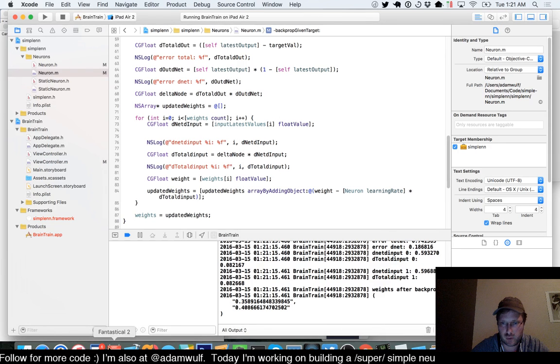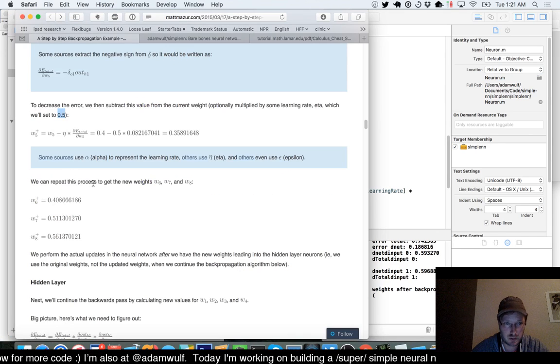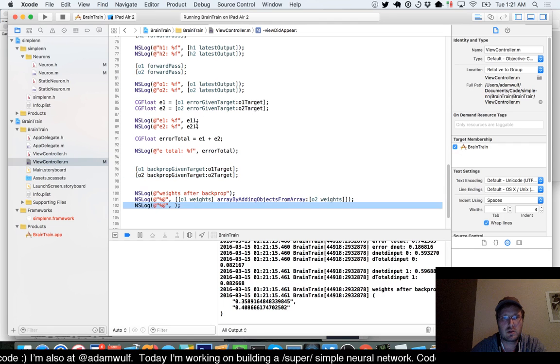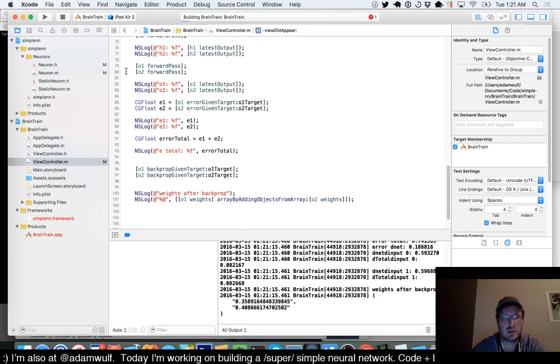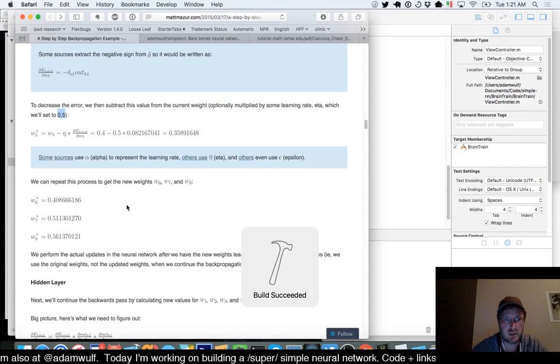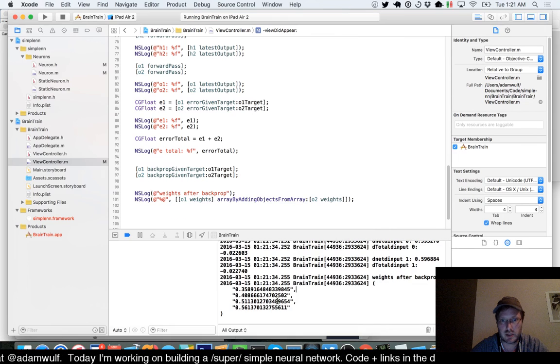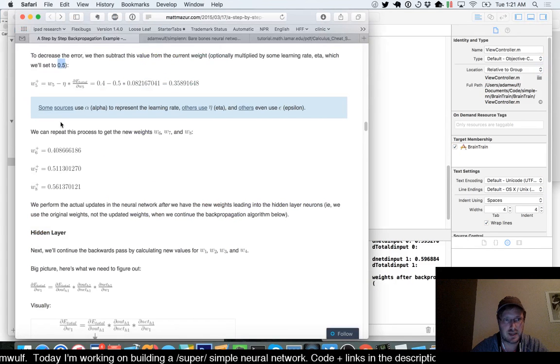0.35 and 0.40, that sure feels right. 0.35 and 0.40, so now if we add back in the rest, we should get all of them correct, which would be amazing, right? Now we have 0.40, 0.51, and 0.56. We did it.